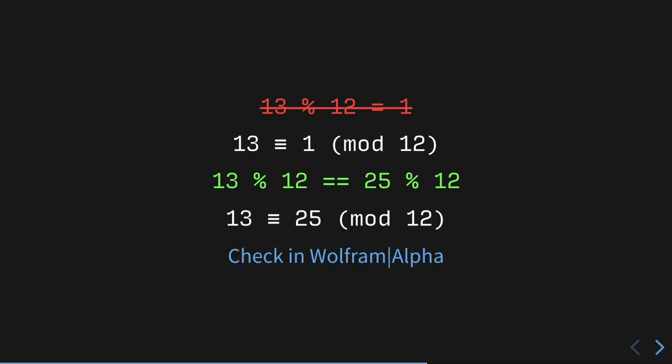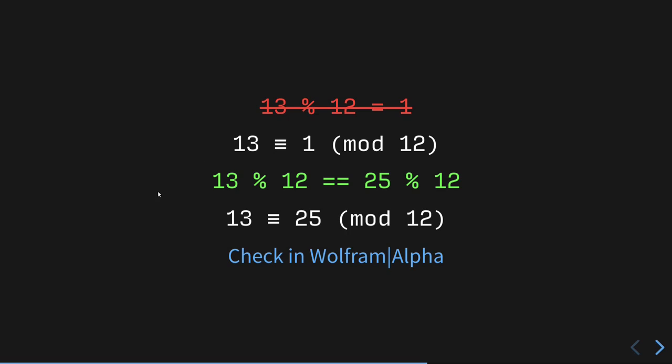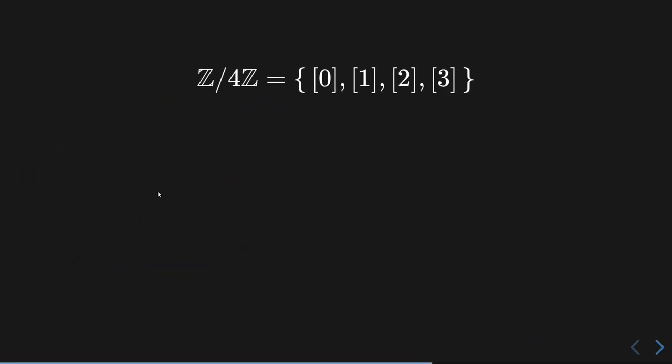We can check in Wolfram Alpha that that's indeed the case. 13 congruent 25 mod 12 equals true. So these two numbers are equivalent or congruent. More formally, this expression means, these are the integers, but this thing is the ring of integers modulo 4.